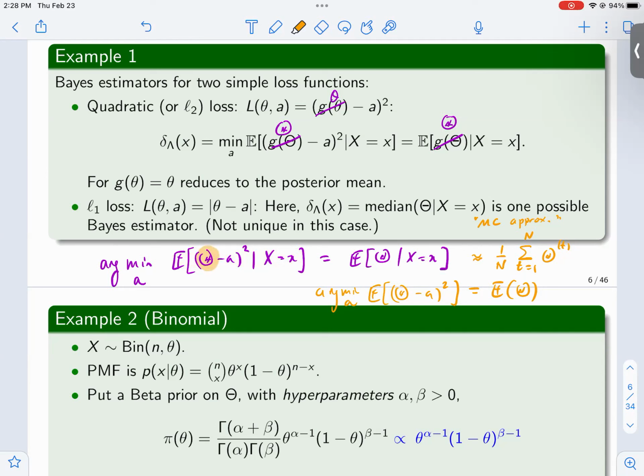It's the mean of the distribution of theta. And because we are taking the distribution of theta given X, when you compute this expectation, you're taking the expectation with respect to the conditional distribution of theta given X. So the solution of this would be the mean of that distribution, which is the conditional distribution of theta.